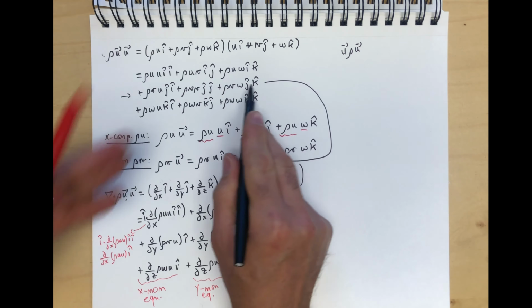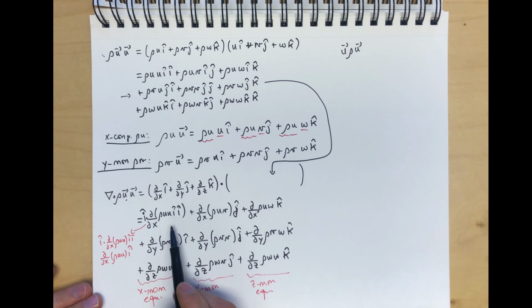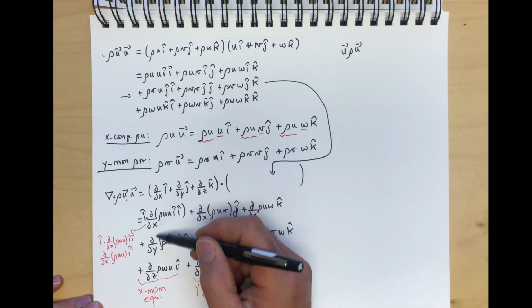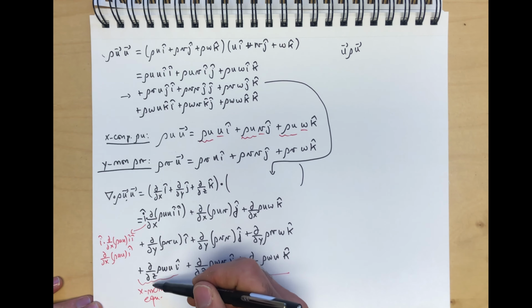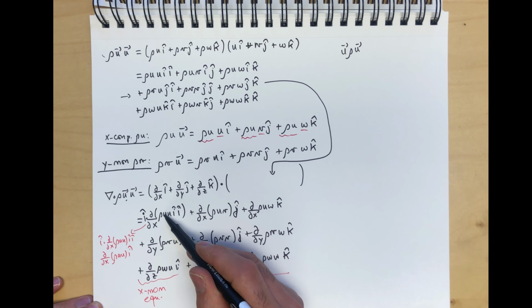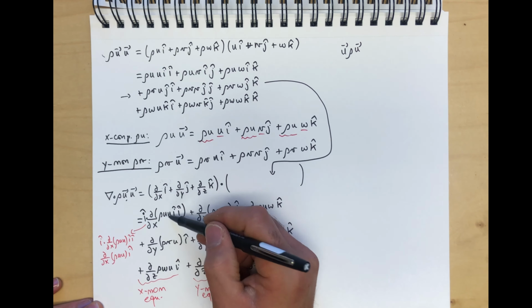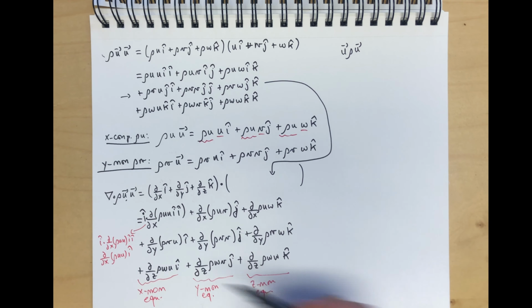It will change the indices here, but the result will be the same, because the way I like to interpret this is that the i component corresponds to the x component of momentum. We're transporting rho u with the velocity u v w. This ordering will retain rho u u, rho u v, and rho u w, but they're all the same, so there's not going to be a difference.